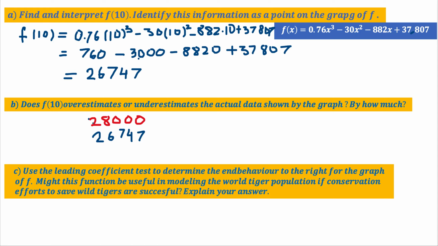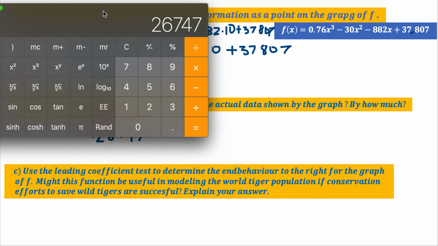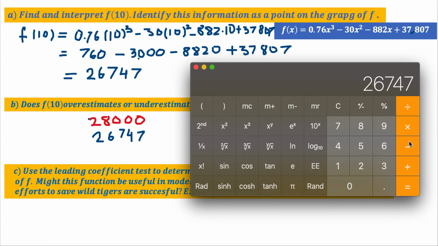Now we are looking: does f of 10 overestimate or underestimate the actual data shown by the graph? By how much? It means this underestimates, because the actual graph says 28,000 tigers, but the function gave 26,747, which is less than the actual data. To calculate by how much, let's make this a minus number, I'm sorry, this minus here, and the plus 28,000.